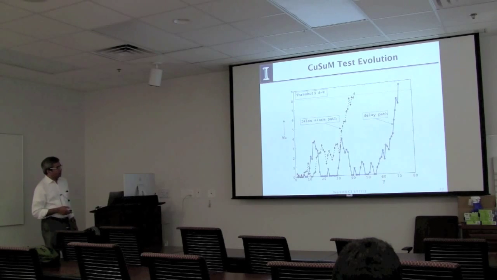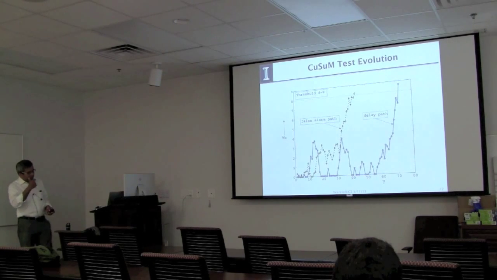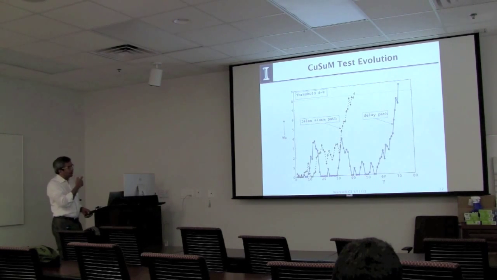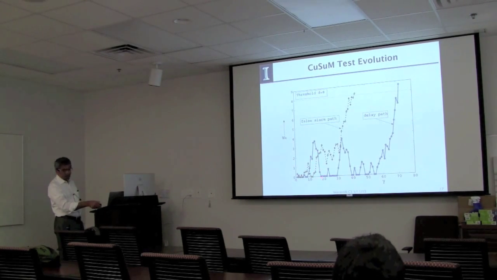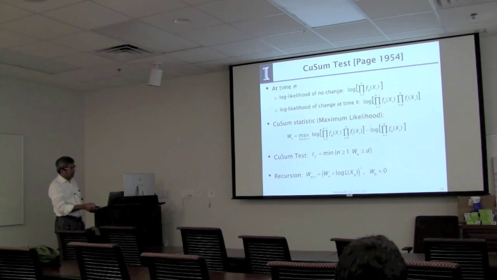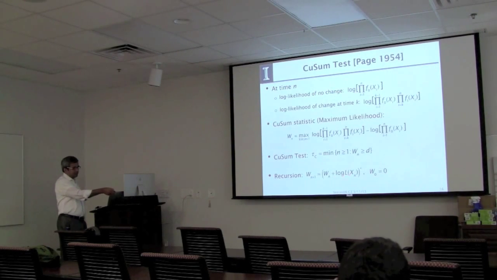If you plot the evolution of the Q-sum statistic, before the change it tends to hover around 0. It goes up a little bit, maybe comes down and gets zeroed out, because if the log likelihood ratio goes way negative, which is likely in the pre-change mode, you end up with Wn plus a negative log likelihood.